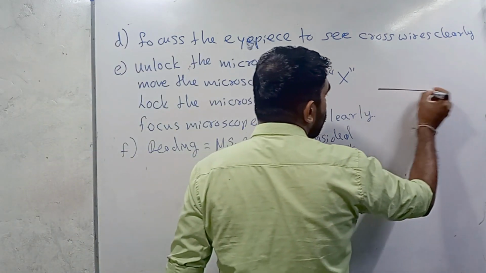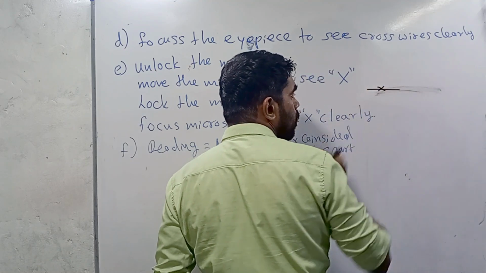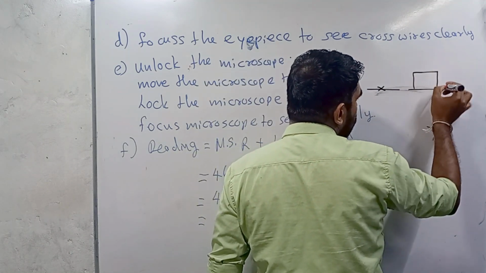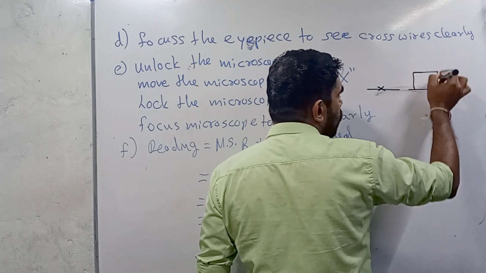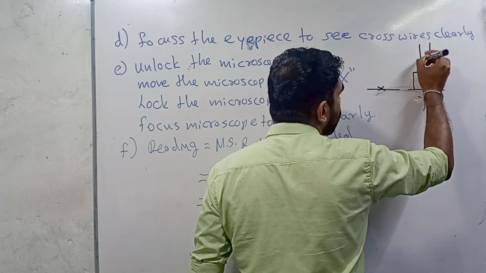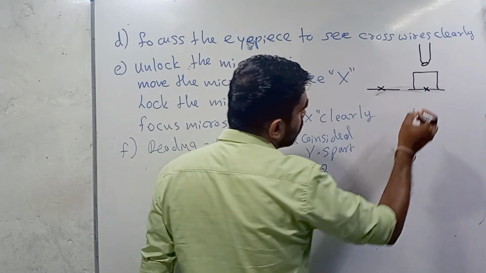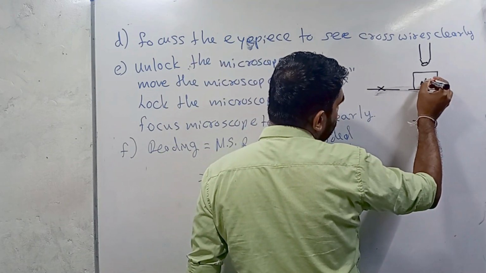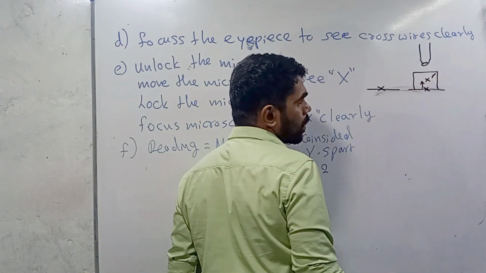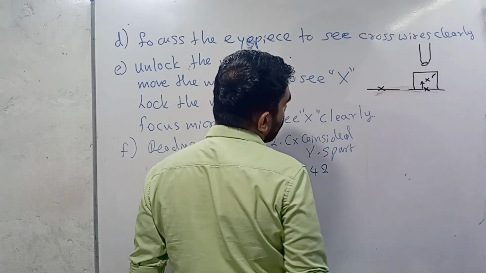We focus on point X on the paper. Then we place the glass block on the paper, and again focus the microscope on the point X. Now we can observe an apparent displacement of the point X.